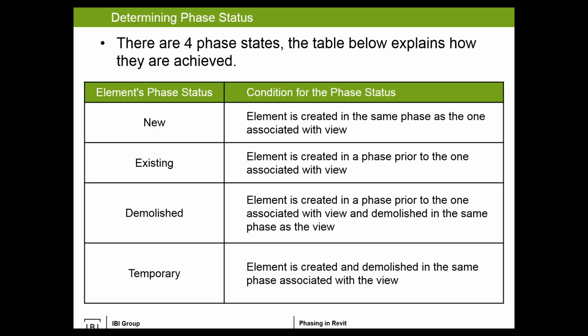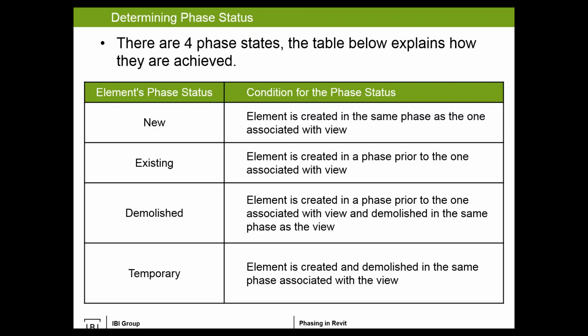So if you have another view with another phase, that item will have a different phase status in that view. So existing means your item is created in a previous phase, basically in a past phase, and demolished means it's created sometime in the past in one of the former phases and it's demolished in the phase you are currently looking at.